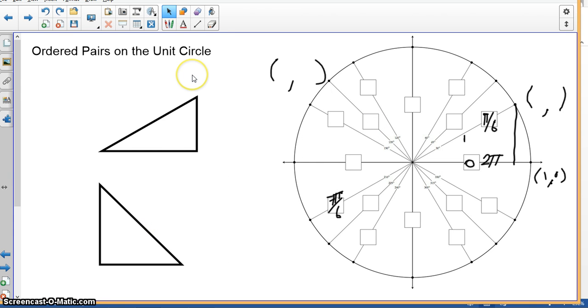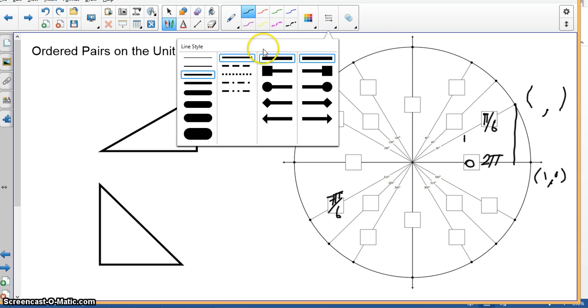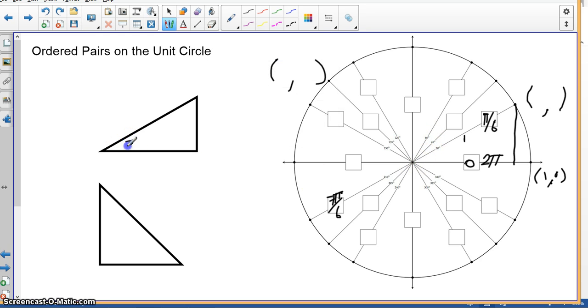These are two special right triangles that you hopefully remember from algebra, from geometry. They are a 30, 60, 90. And so this is 30 in here. And a 45, 45, 90.